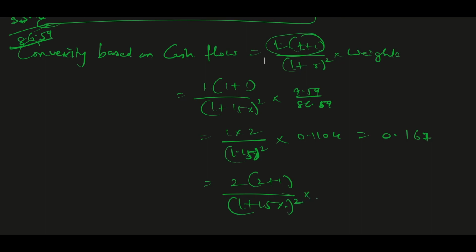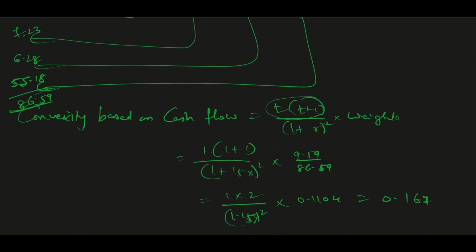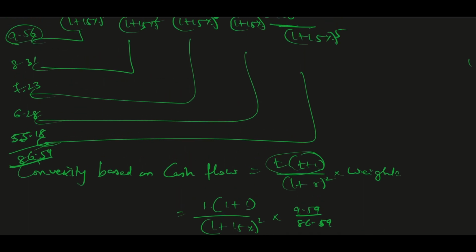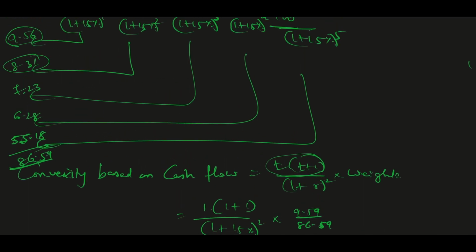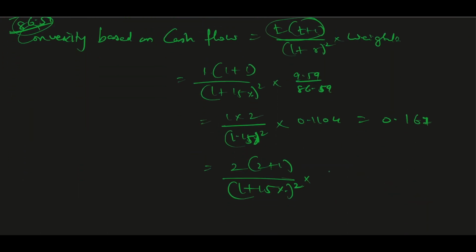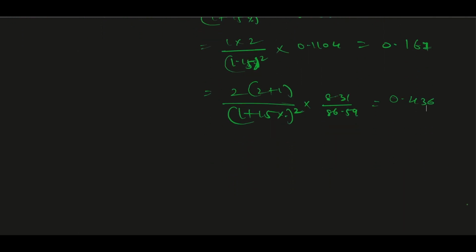It will be raised to 2 only, into the second one's weight, 8.31 divided by 86.59. So that comes to 0.436.